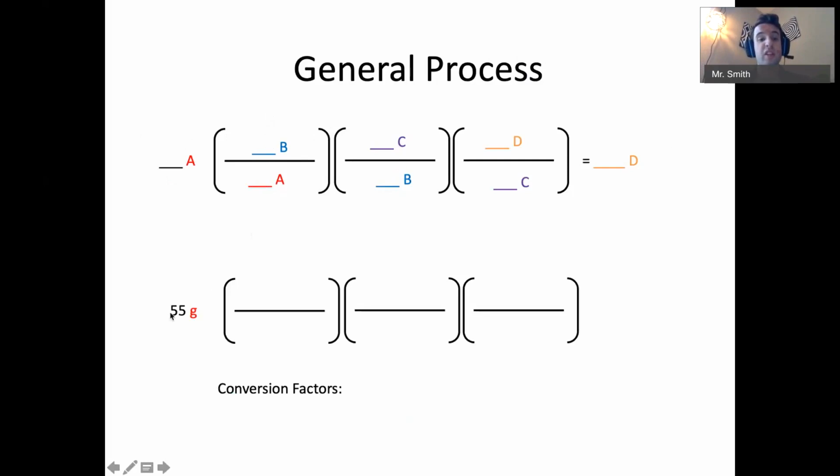So here's me showing an example with grams, and what are we going into? I don't know, let's figure it out together. Okay, grams. We know that if we're starting with 55 grams, that number would be given in the problem, but the fact that 1,000 grams is the same as 1 kilogram, that would be a conversion factor that we give you. And then the fact that 1 kilogram has 2.01 pounds, this would be another conversion factor that we would give you.